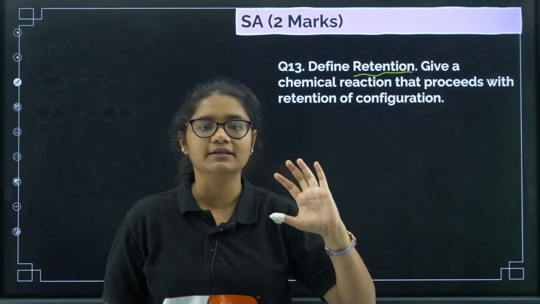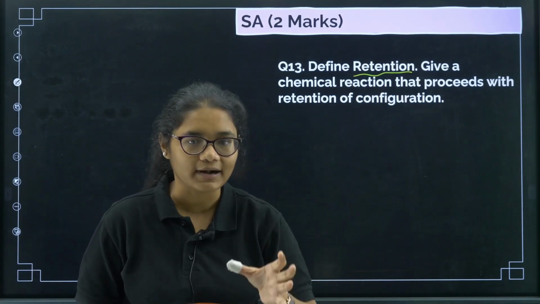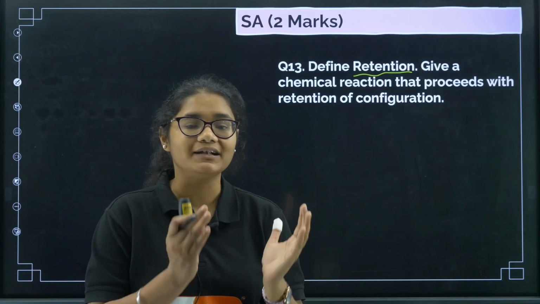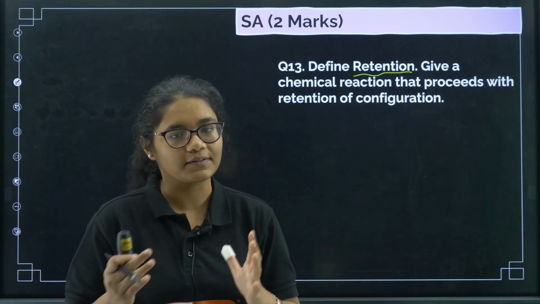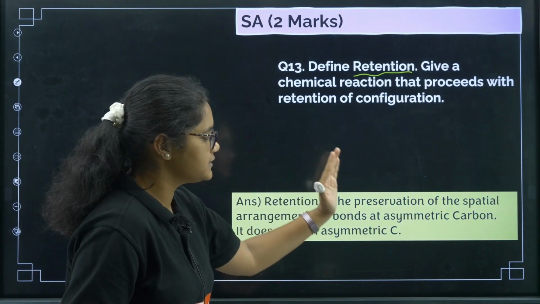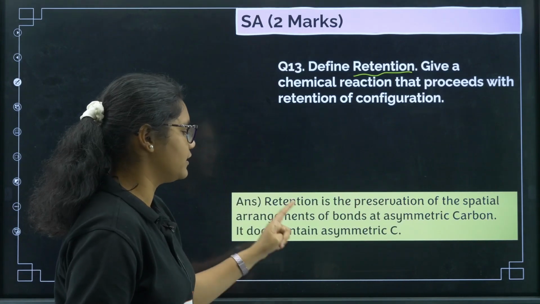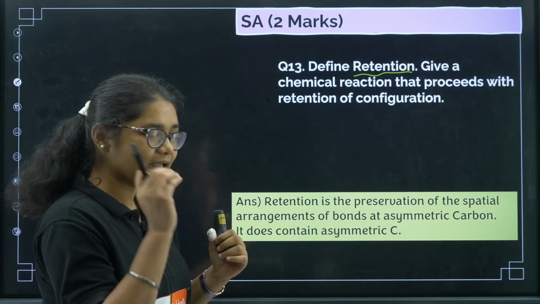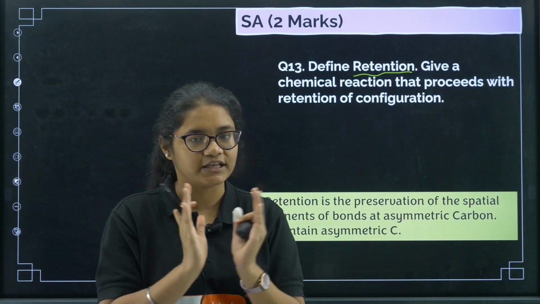Now retention is when the configuration of the reactant and the products remain same, or you can say the spatial arrangement of the reactant and the products are same. Okay, so let us see the definition here. Retention is the preservation of the spatial arrangements of bond at asymmetric carbon. So at the asymmetric carbon there is no change in the bond.